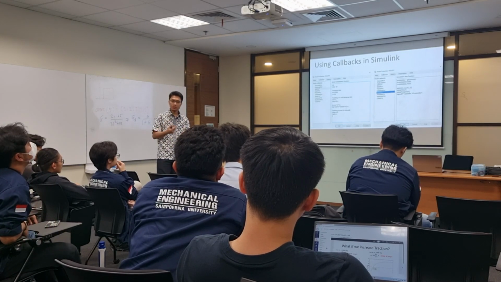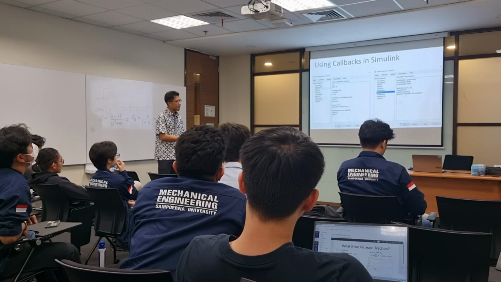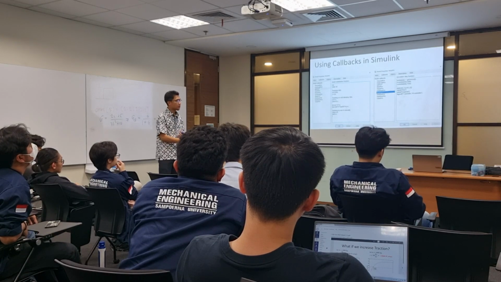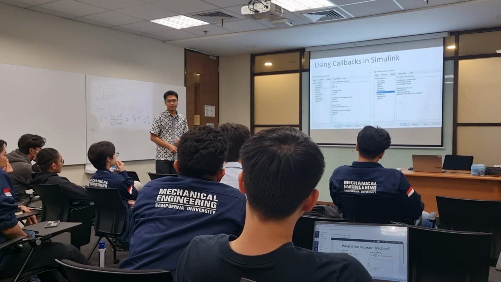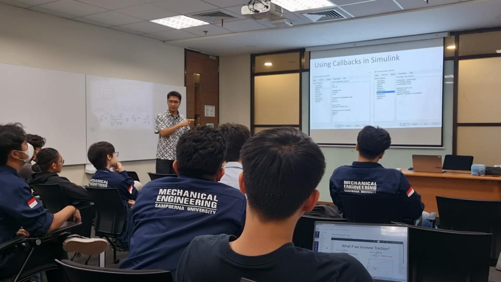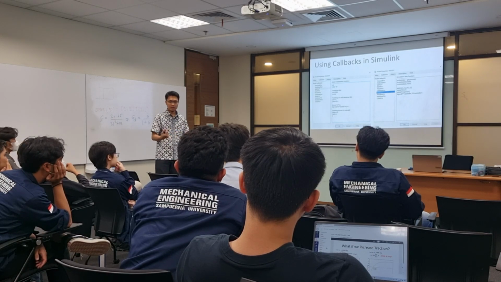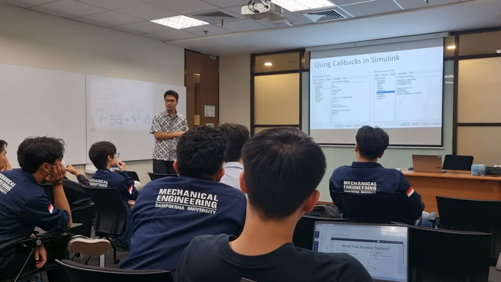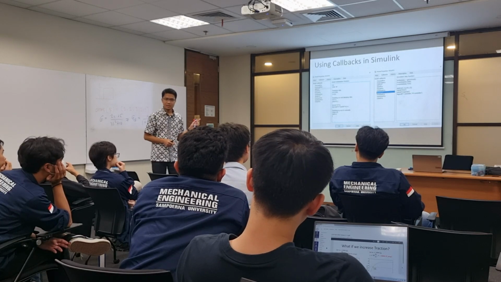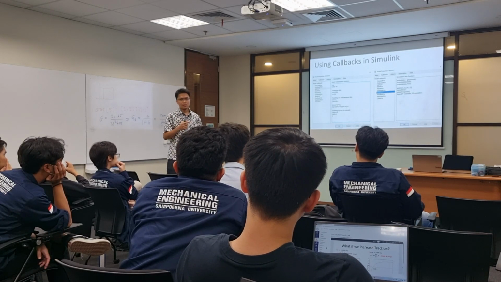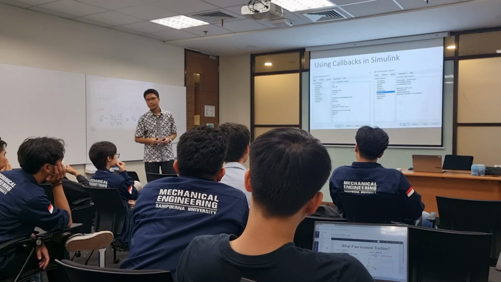Let's say when the simulation stop, you want to get the simulation data from the workspace, so this is what you do. Okay. This is not taken from example, I made it on my own. Okay. So if you want to ask me, you can ask me. I know how to do it. Okay. But you can also ask the MATLAB Central, all information are there.